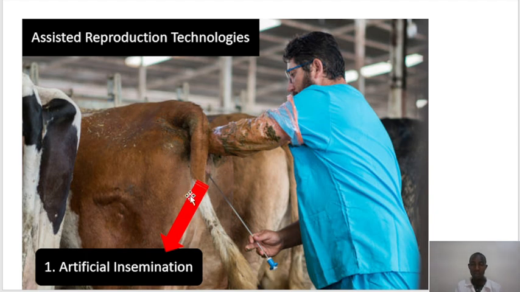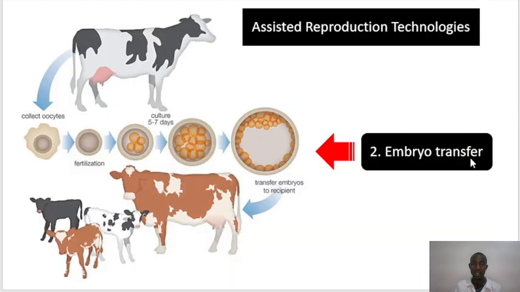Here we replace it with an artificial gun. For you to inseminate a cow, you must know the anatomical makeup of the cow. For example, you must be able to locate the cervix, because when you're inseminating, you must pass your gun through the cervix and deposit your semen in the uterus. That's why it's important for us to understand the anatomical makeup of these animals.